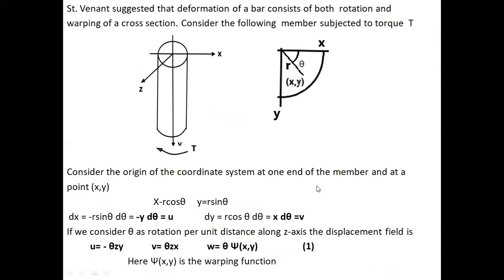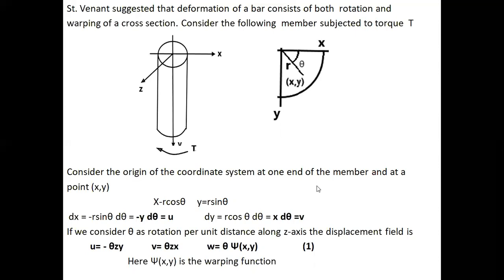Consider a circular cross section, just to give an example. Saint-Venant suggested that for deformation of any section of a component with any cross section, circular or non-circular, we should consider both rotation and warping of the cross section.